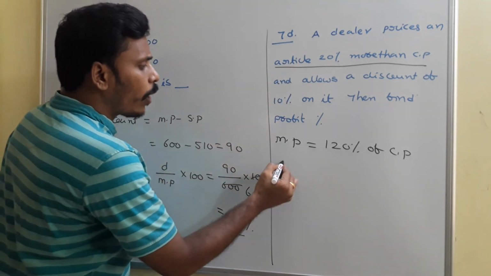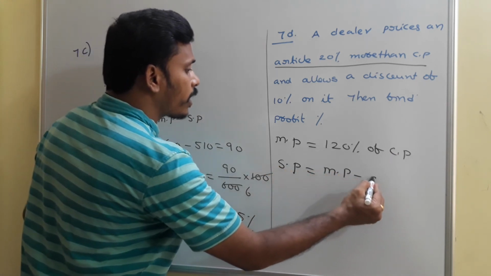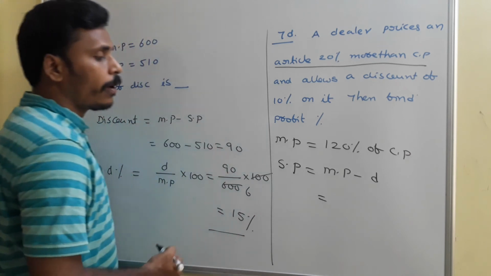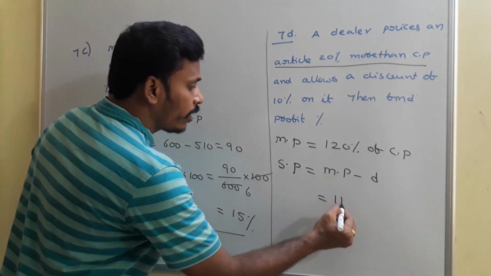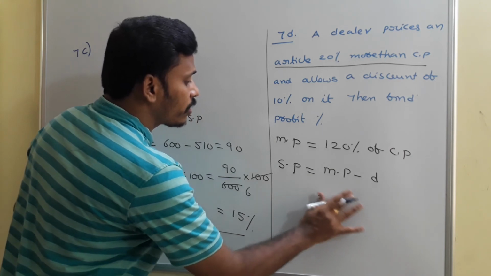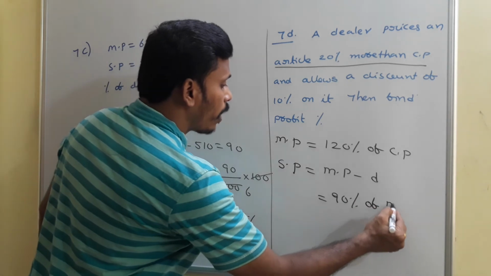And then what do you say about selling price? Selling price is equal to market price minus discount. Here discount is given as 10%, so we write 100 minus 10, that is 90% of market price.